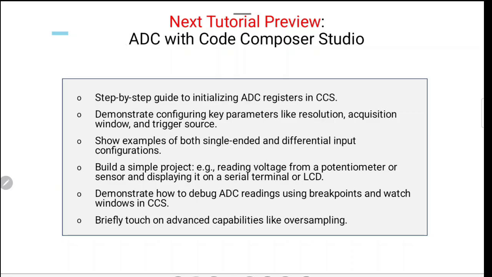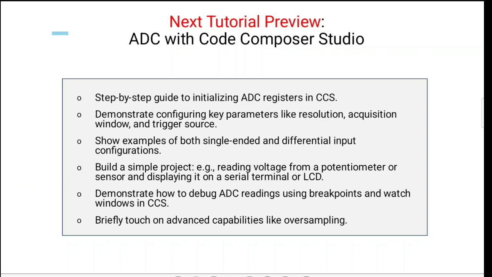In the next tutorial we will look at a step-by-step guide to initializing the ADC registers in Code Composer Studio, and we will demonstrate configuring key parameters like resolution, acquisition window, and trigger sources.